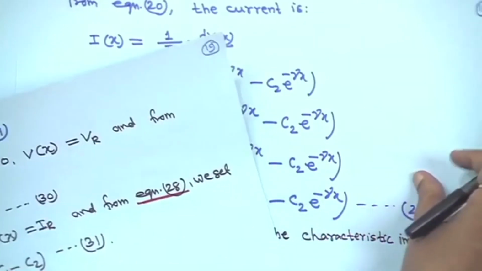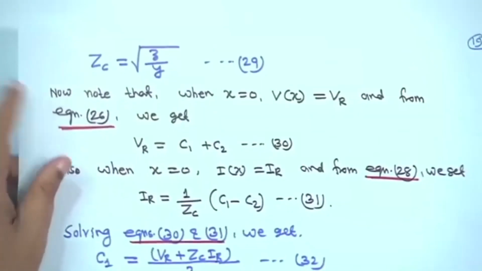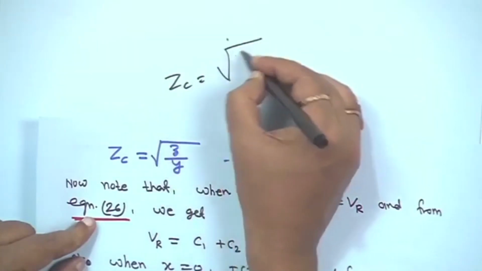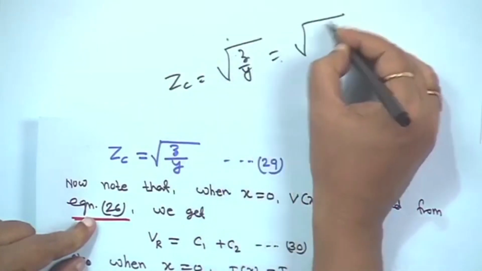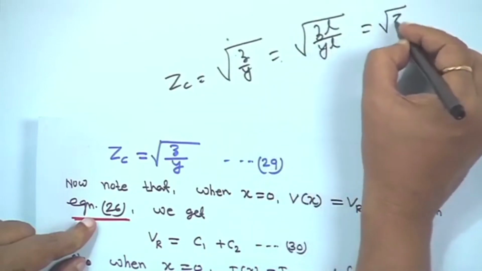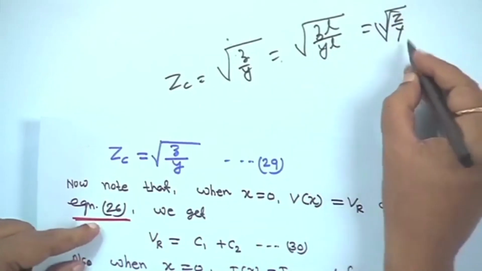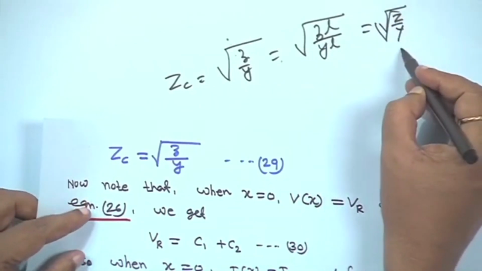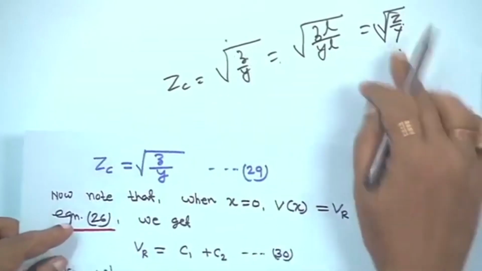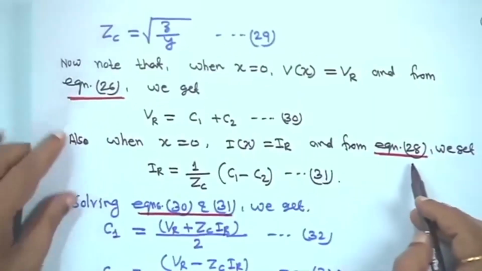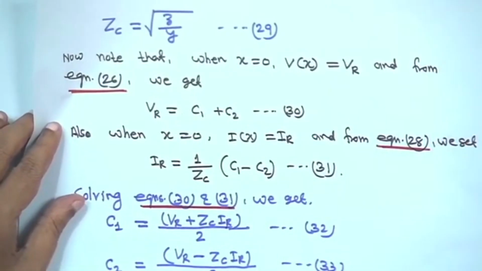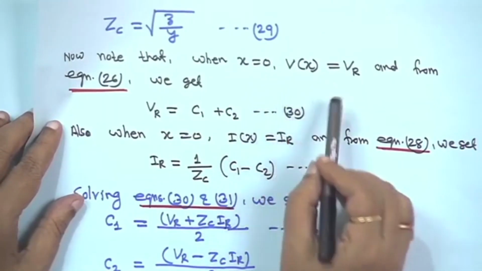So, just before moving next, Zc = √(z/y). Multiplying numerator and denominator by L, the length of the line, it becomes √(Z/Y) with capital Z and capital Y, because z is per unit length and multiplying by L it becomes capital Z by capital Y. This is called the characteristic impedance of the transmission line, Zc. Next, note that when x = 0, Vx = Vr.